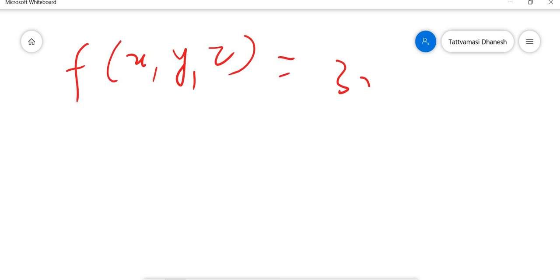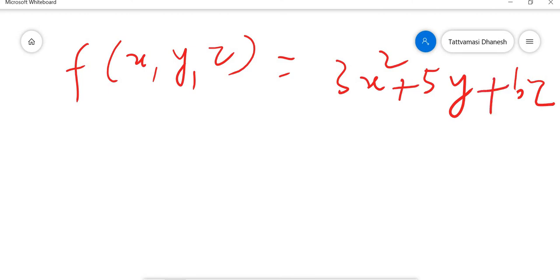The function is 3x square plus 5y plus 6z.